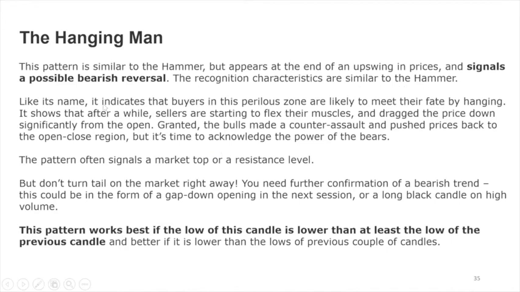Okay, recognition of the characteristics is similar to the hammer, the same thing. It may indicate the buyers in the previous zone are likely to meet their fate by hanging. When it comes to a situation where the sellers are in control, they are going to hang themselves. It shows that after a while the sellers are flexing their muscles, getting ready.